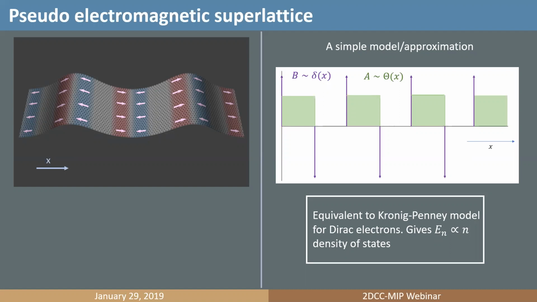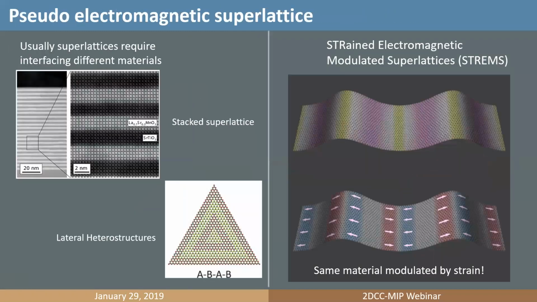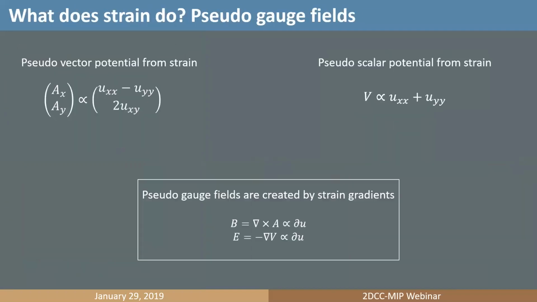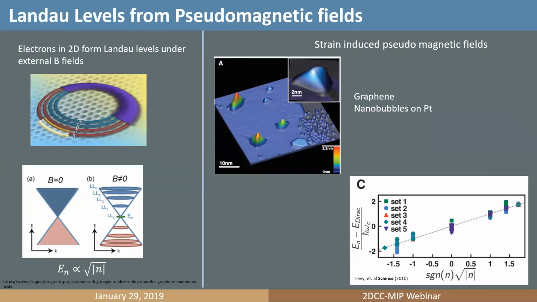So this is a simpler problem, like a graduate course homework problem. And you can solve this. It's not very hard to show that this will give you E_n proportional to n. So other people saw, like Mike Crommie's group, E proportional to square root of n because this is a uniform magnetic field. In our case, it's highly non-uniform, and that creates the difference.